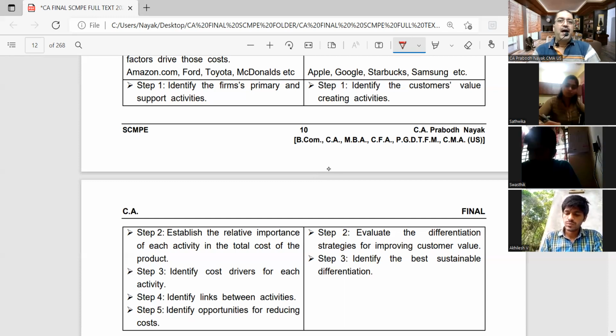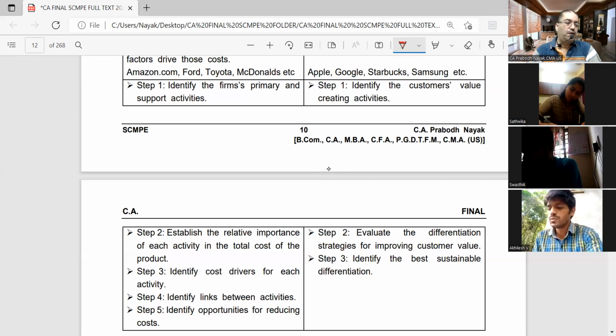Full stop. Activity-based costing is used to calculate cost of each process.